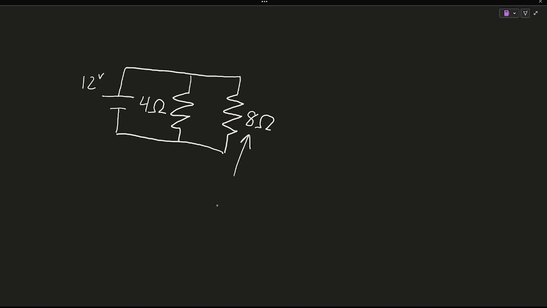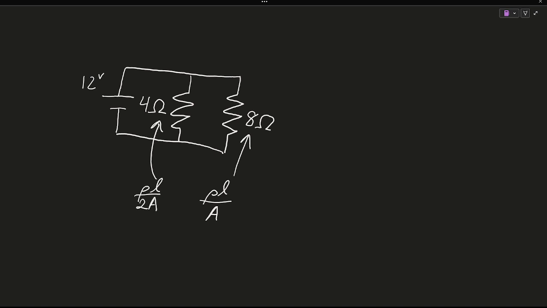Let's say this 8 ohm resistor is actually a resistor with resistivity rho, with length L, and with area A. And then for the 4 ohm resistor, I want the length to be the same, and I want the resistivity to be the same. So we'll set rho and L already. But now we need the resistance to be half. With the only thing left to change being A, we'll set that to be 2A.